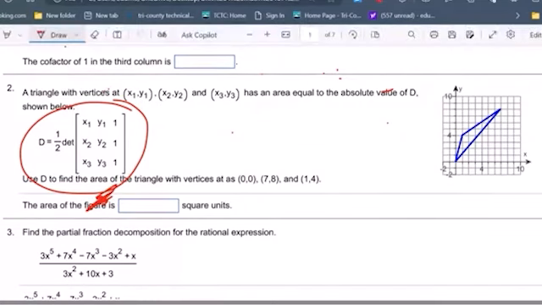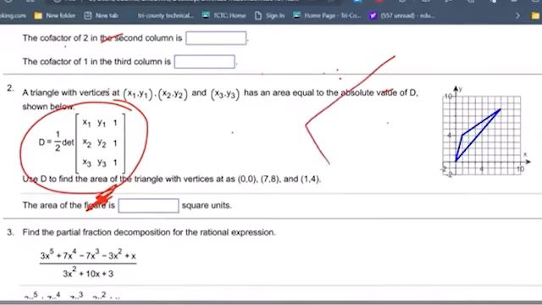So I'm going to make it a big triangle. What is the coordinate here? This is 1, 2, 3, 4, that is 4, comma. Let's see what this is.